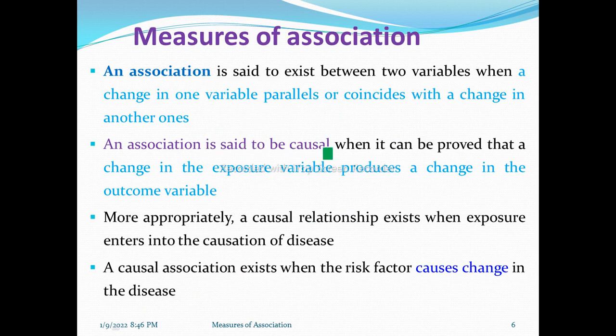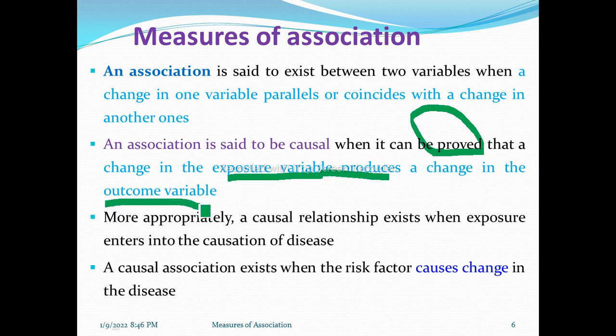An association is said to be causal when it can be proved by different means, by measuring evidence or by using Bradford-Hill criteria, that changing the exposure variable produces change in the outcome variable. Whether it is a real change or not will be proved.